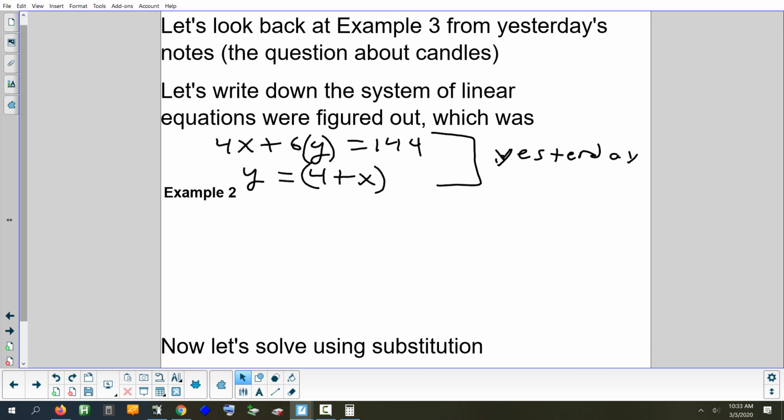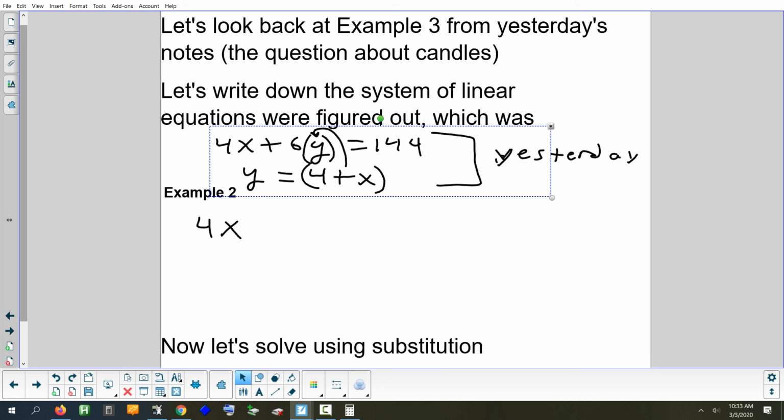And now, what are we going to do with this 4 plus x that's in parentheses? You're basically just replacing what's in those parentheses with what's in those parentheses. So fill that in right there. When I do that, is the 4 out in front going to change? No. Is the x going to change?